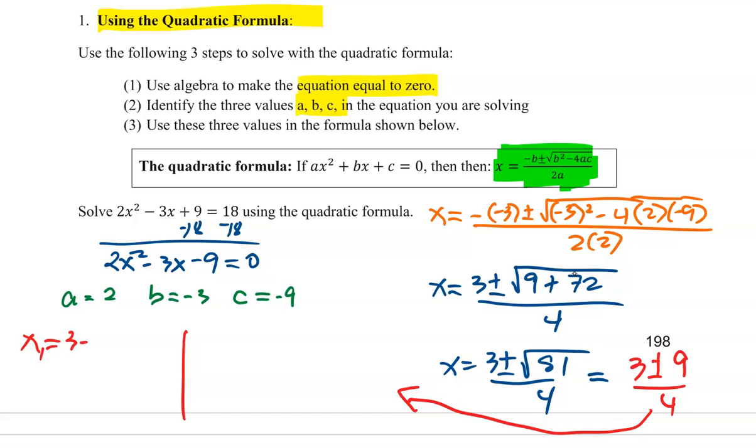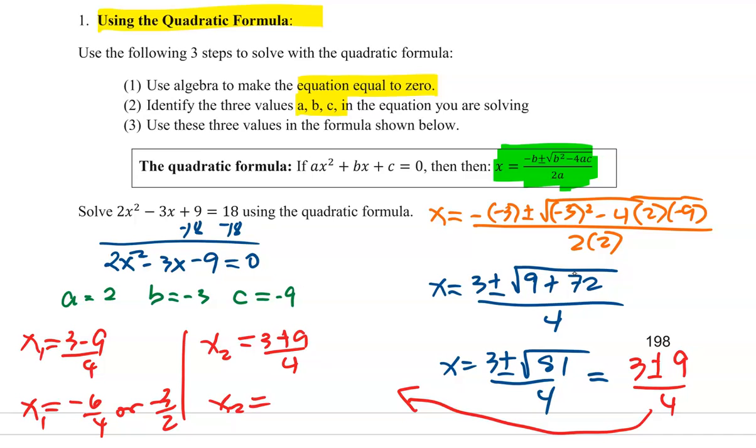First one, 3 minus 9 over 4. That is negative 6 over 4, or negative 3 halves. The other one, 3 plus 9 over 4. 3 plus 9 is 12, divided by 4 is 3. So these are the answers.